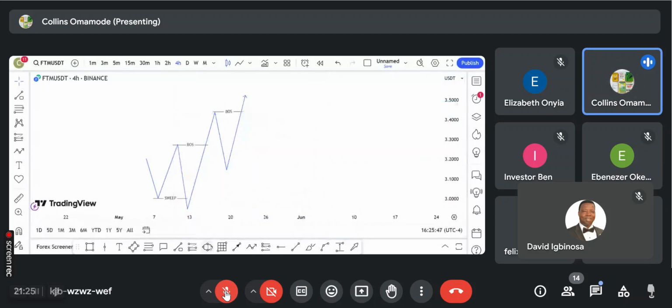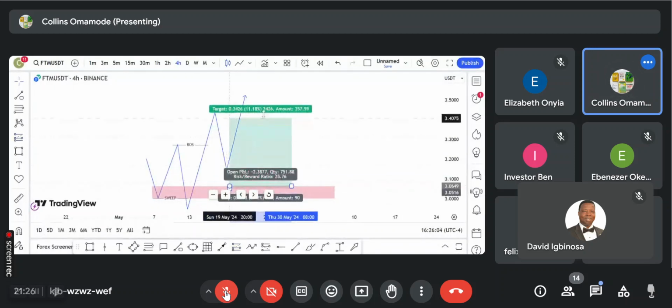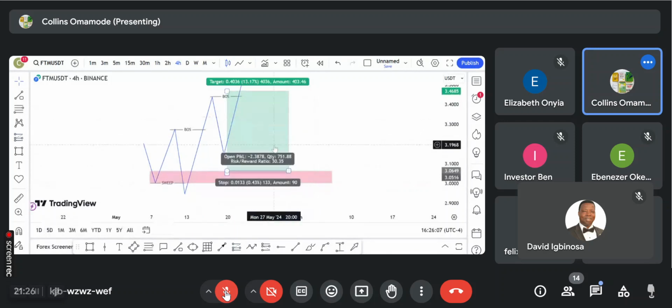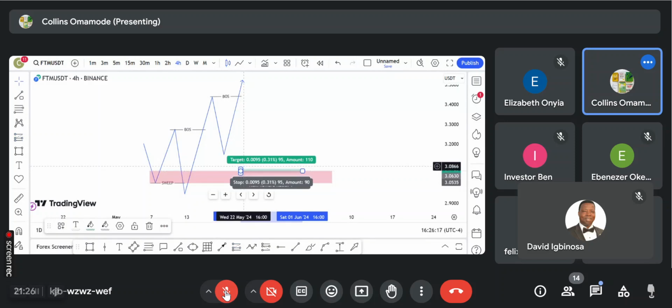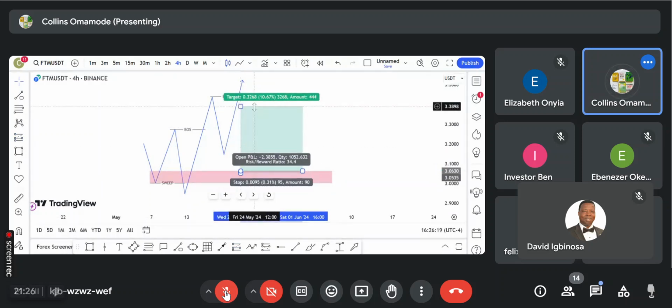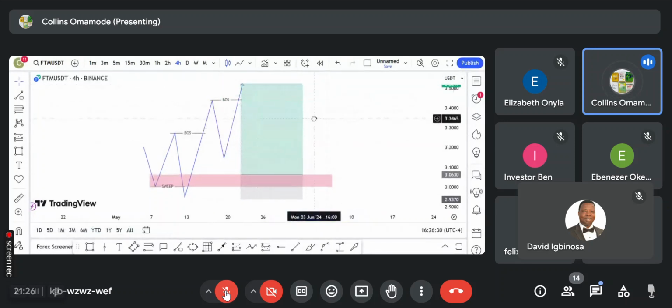Then I'll just get my POI like this. This is what I always come to look out for in the market every day.